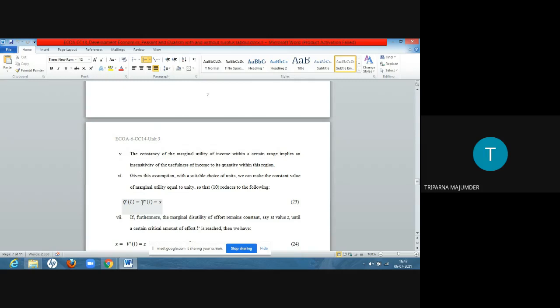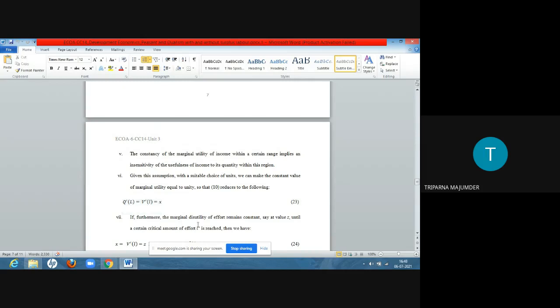What have we done? We have assumed that marginal utility of income is constant, and we have chosen some units so that the marginal utility of income is constant and equal to 1.